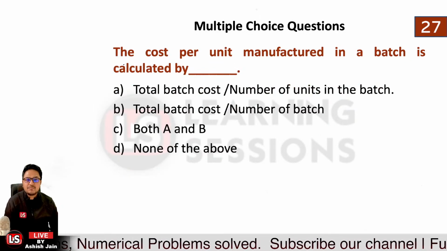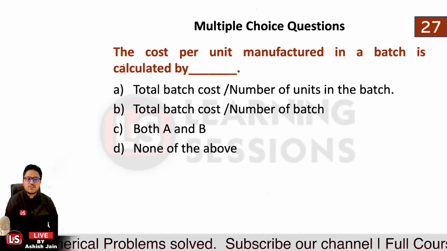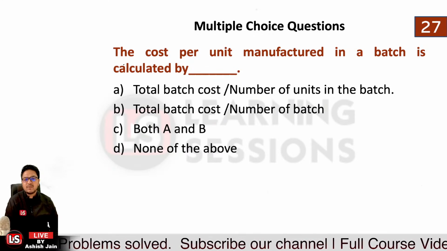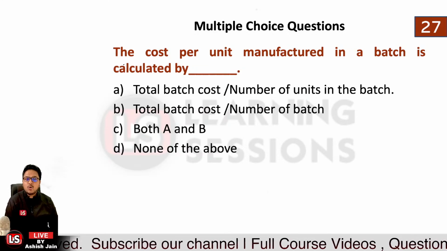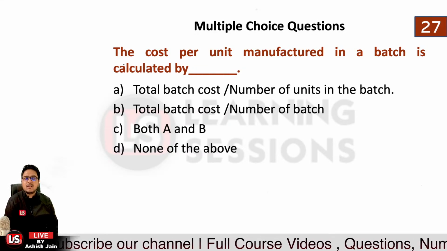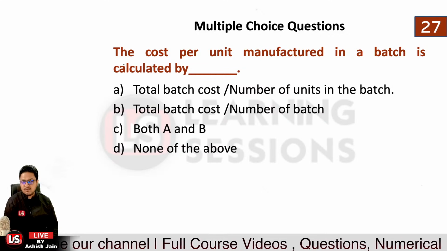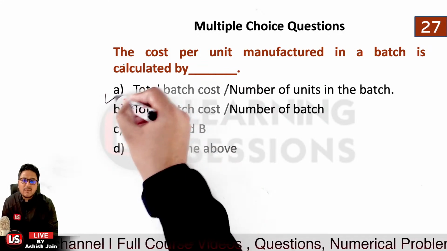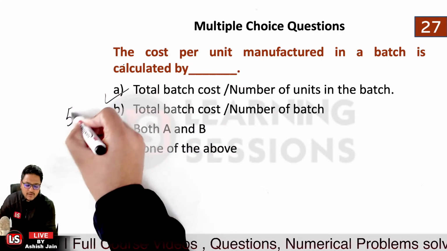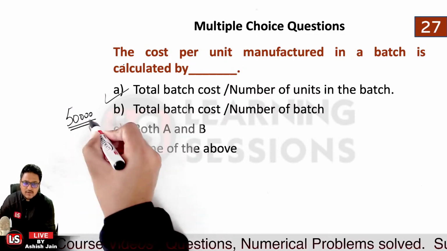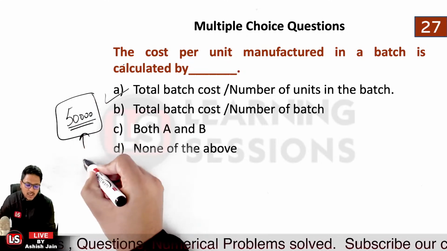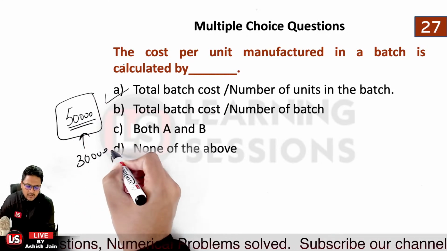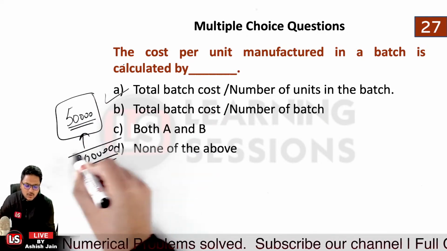Next question, it says, the cost per unit manufactured in a batch is calculated by total batch cost divided by the number of units in the batch. I already told you, if we have 50,000 units in the batch, and the total cost incurred for the batch production was rupees 3 lakh, what would be the cost of the unit?